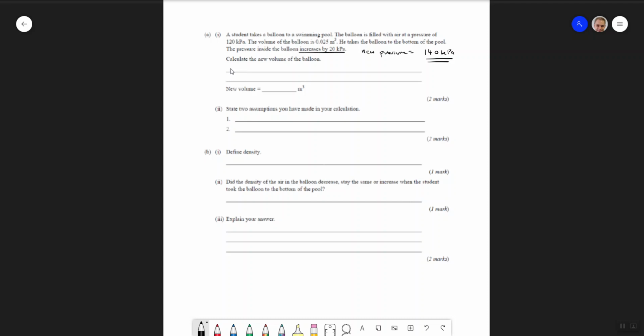So we've got 120 times 0.025 is equal to 140 times V2. So 120 times 0.025 over 140 is 0.0214. So about 0.021. Okay, so just be a watch out for that one.